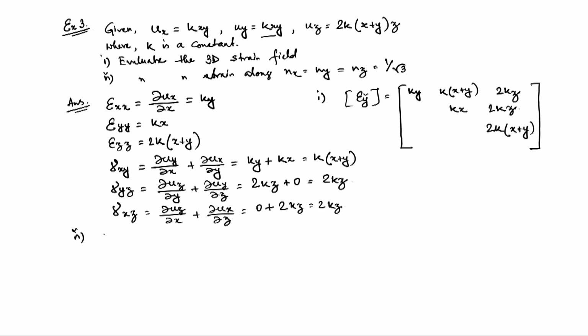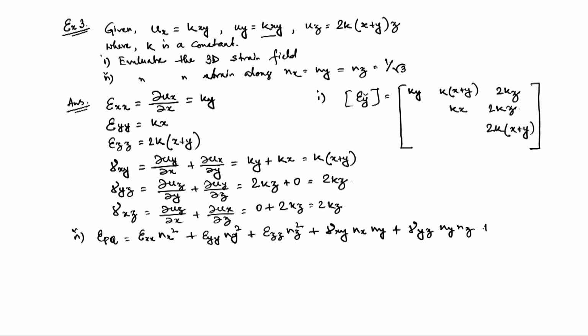Second part is epsilon pq, and for that we know the expression: epsilon xx nx square plus epsilon yy ny square plus epsilon zz nz square plus gamma xy nx ny plus gamma yz ny nz plus gamma xz nx nz.